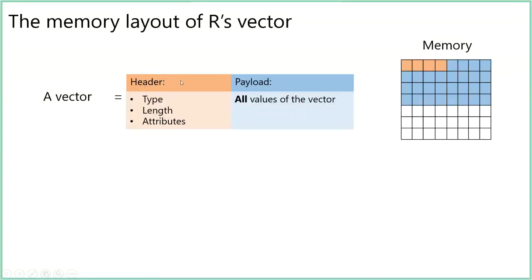The header stores some information about the vector, like the type, length, and attributes, and the payload stores all the values of the vector. On the right side is how it looks in memory: the first few orange cells are the header data, and right behind it is the payload.